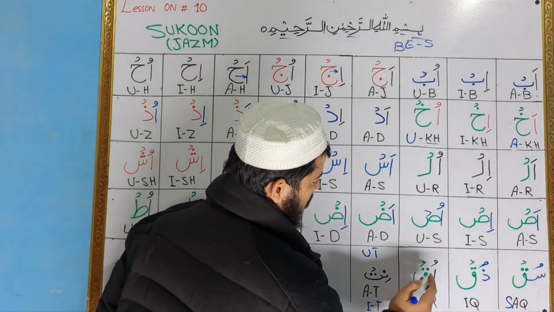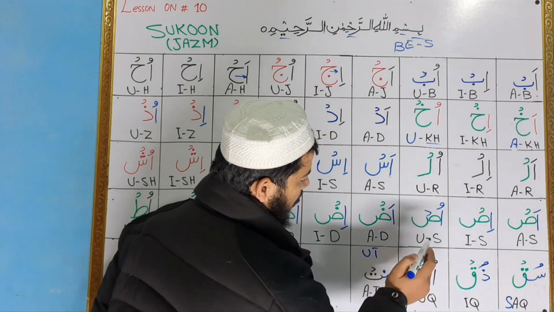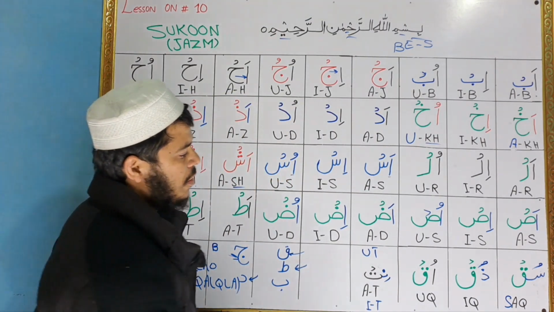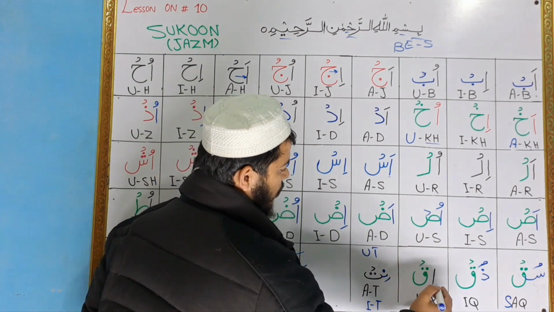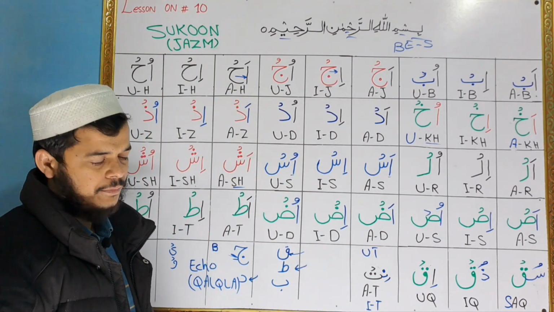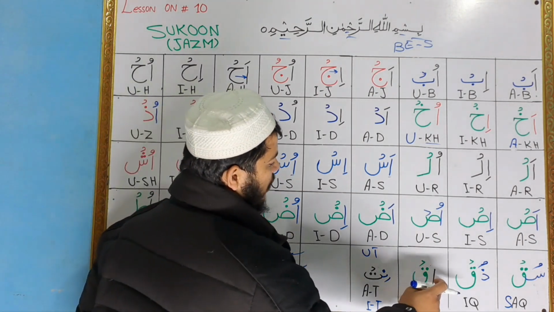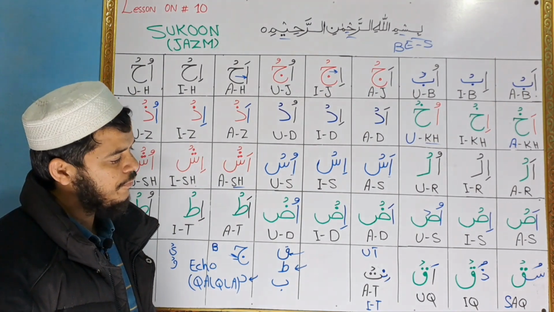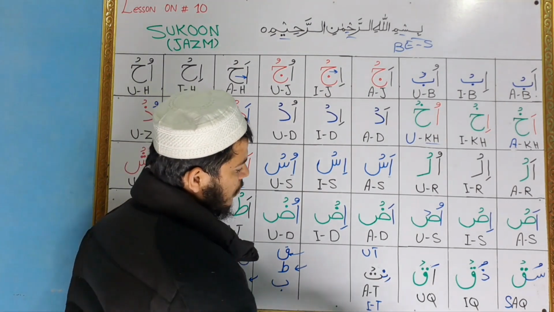Now let's say the alif letter is coming: uq. If alif with kasra comes, it becomes iq. If alif with fatha comes, it becomes aq. Next, noon.